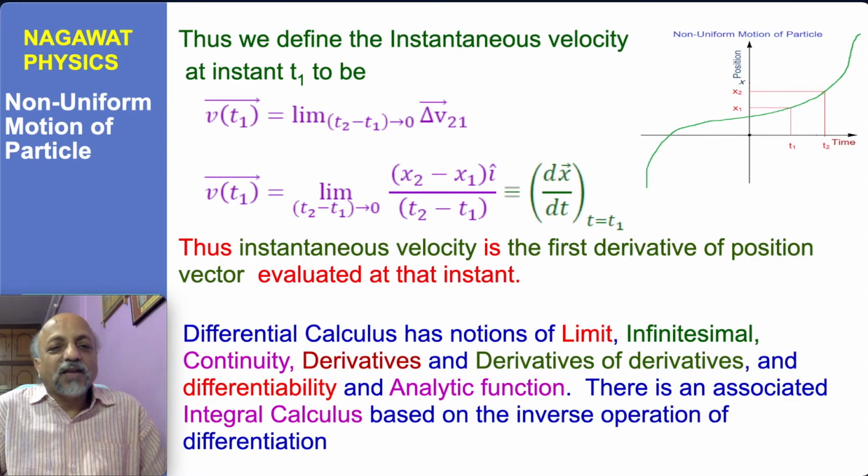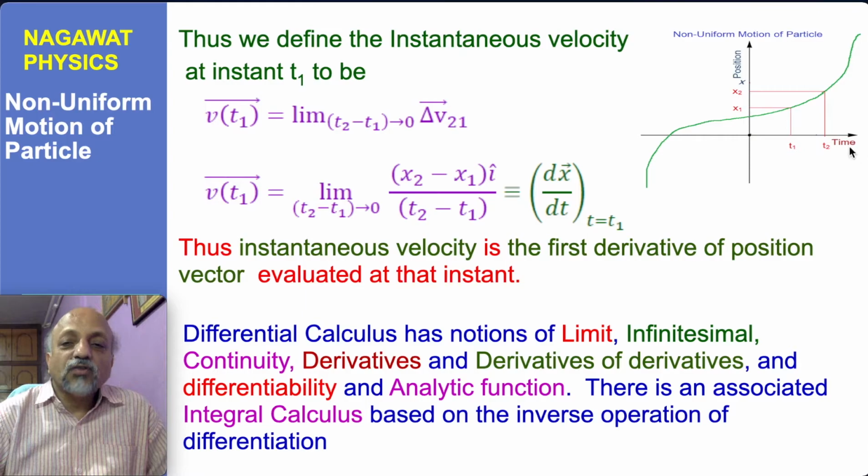Here I have said that if I bring t2, the final position, closer and closer to t1, then I can know the instantaneous velocity at t1. To know it, I need to calculate the limiting value when I am decreasing t2 towards t1.